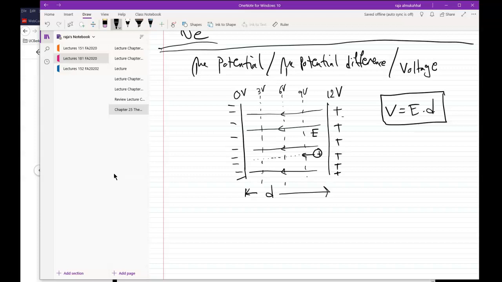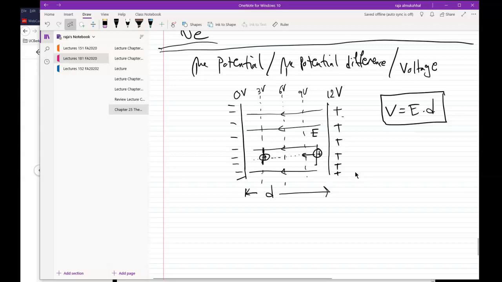I would like to know what is the total energy of the proton right at this location, and let's say at this location right here. So I want to know the total energy of the proton here and here. Let's say I'm going to start measuring distances from the 12 volt plate right here.